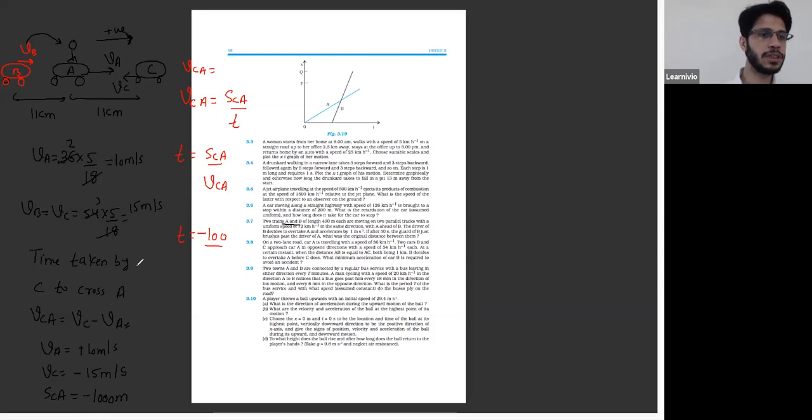So how much is VCA? It's VC minus VA. VC is minus 15, VA is 10, so it's minus 25 meter per second. If I substitute these values, minus 1000 over minus 25, it comes out to be 40 seconds. So this is time taken by C to cross A.